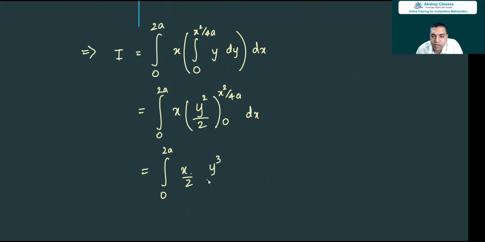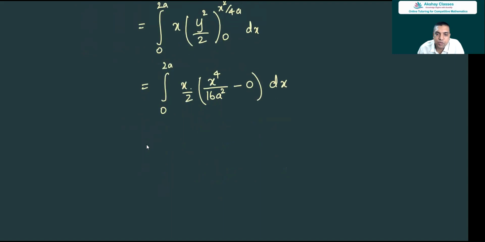Sorry, it's already integrated, so y square upon 2. So 2 comes out, y square, substitute. We get x power 4 upon 16a square minus 0. So we get the integral 0 to 2a of x power 5 upon 32a square dx.